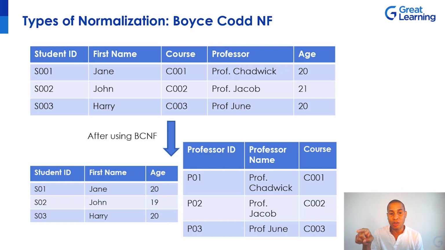And then we can look at the professor attributes, which we know that the professor ID would allow us to have a primary key, then the professor name, then the course ID. So that would allow us to follow the Boyce-Codd normalization form.